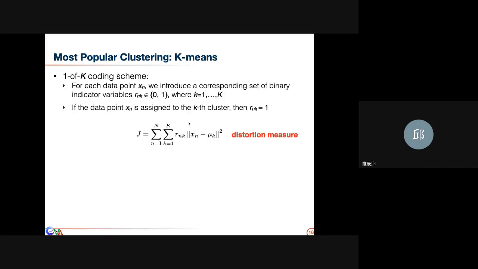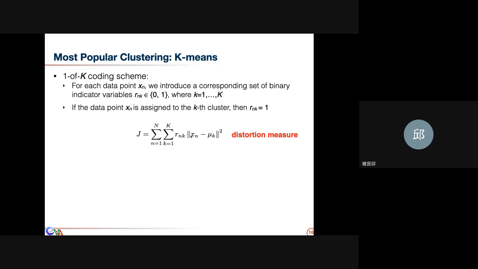Actually it can be reformulated by using an assignment vector, or another way of saying it is an indicator variable, r_nk, which equals 1 if a data point xn is assigned to the k-th cluster.